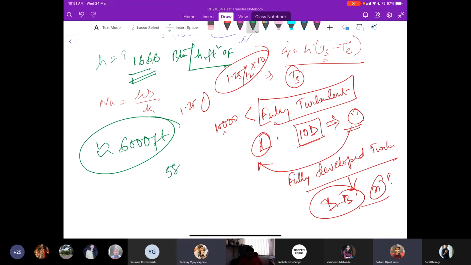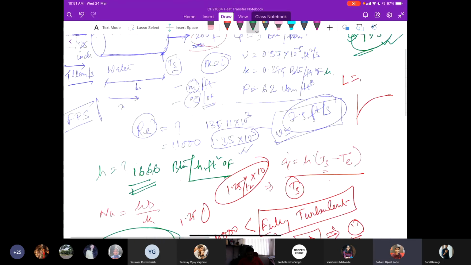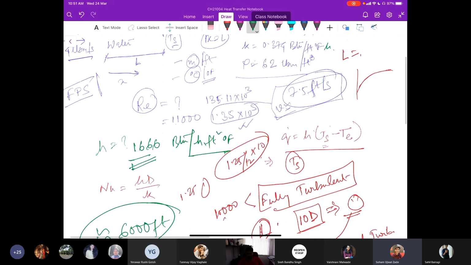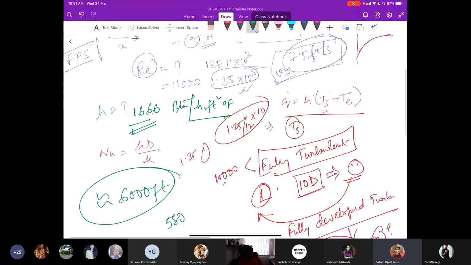BTU per hour. Be careful. That's where you are making the mistake. Oh, BTU per hour per lbm. Look at the unit of m dot. What is m dot?